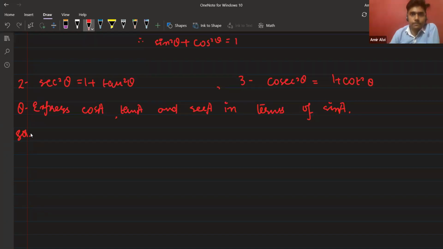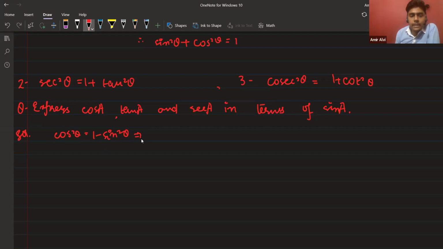Cos square theta is equal to 1 minus sine square theta. Okay, now what will you do? Next step. We will take the sides of a triangle.